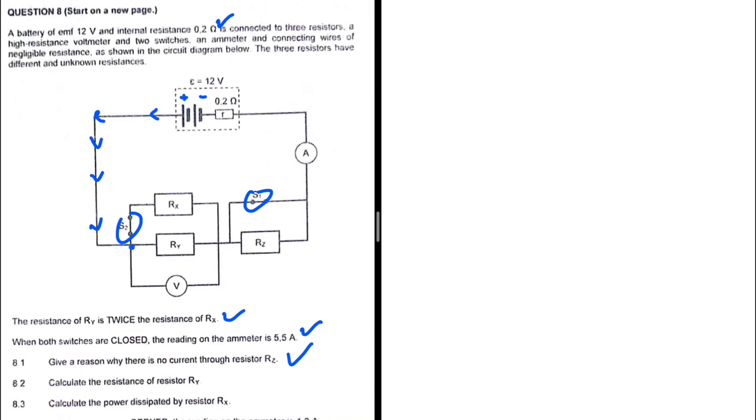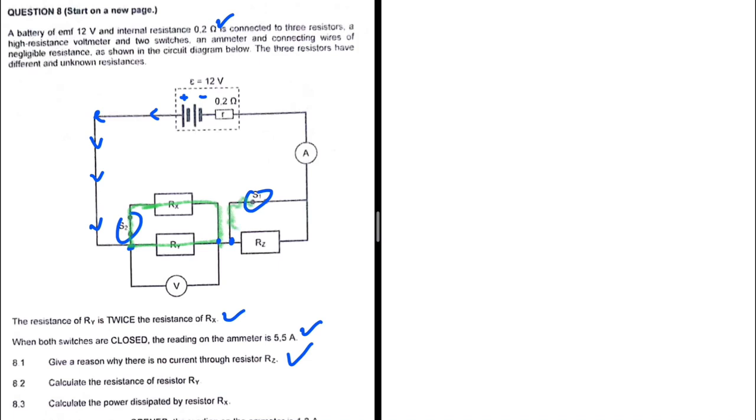And at this point, when the switch is open, the current divides, right? Because we have 2 paths. So a proportion of the current is going to go down this path, and another proportion of the current is going to go down through Ry, okay? And then here, we start having total current once more. But at this point, we have 2 paths.